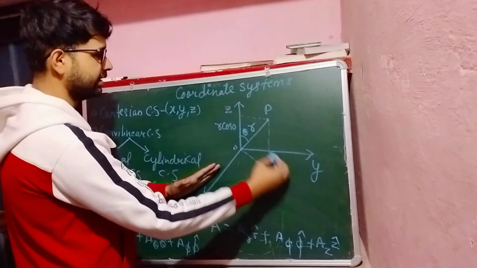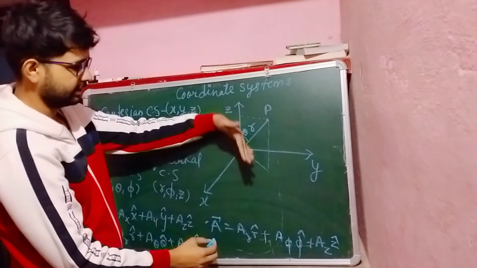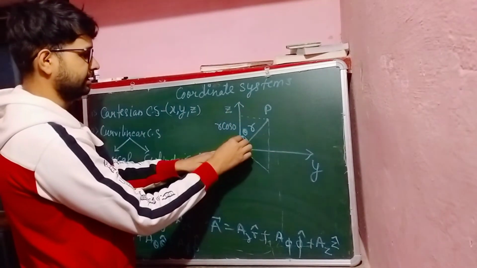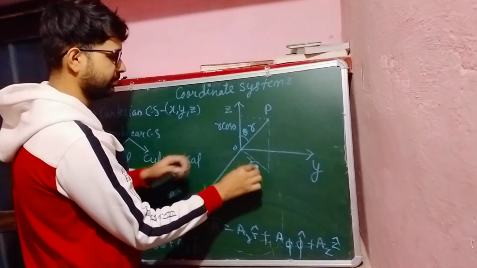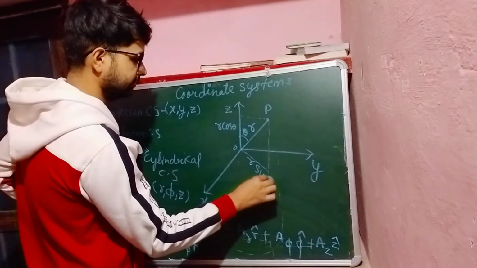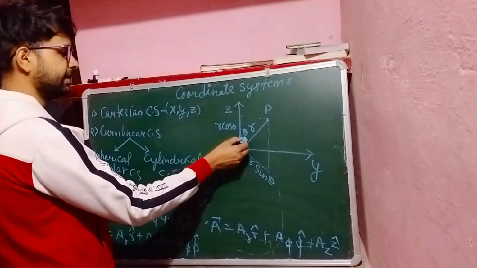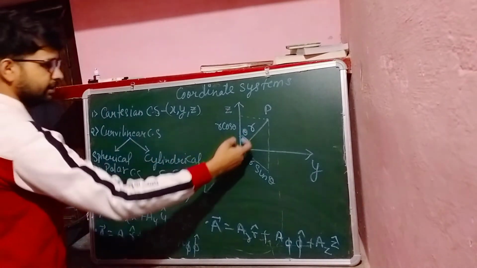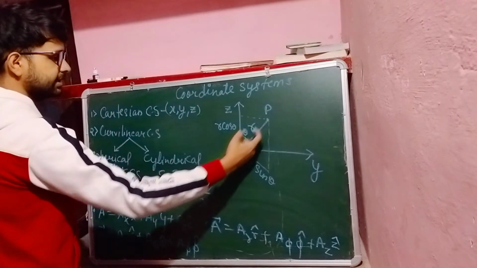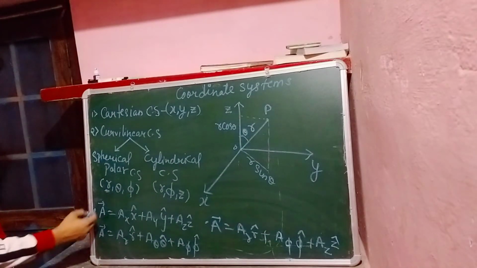This is the xy plane. If we project r in this direction, this is r cos theta, and this will become r sine theta. Theta is the angle between them. So r is simply the distance from the origin to the point, you can say the position.